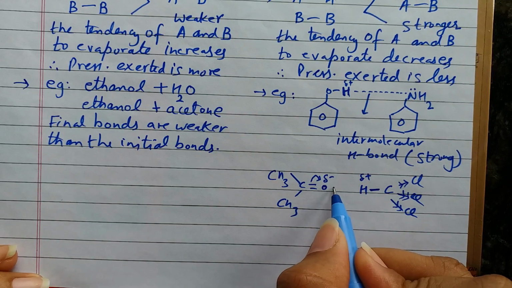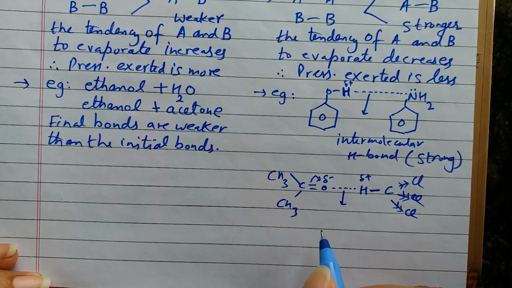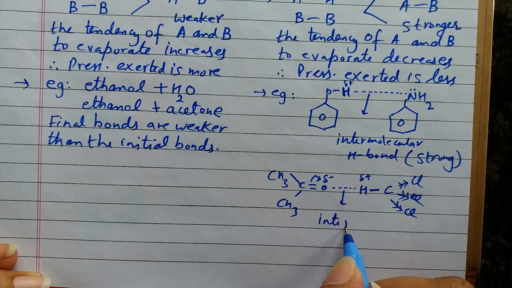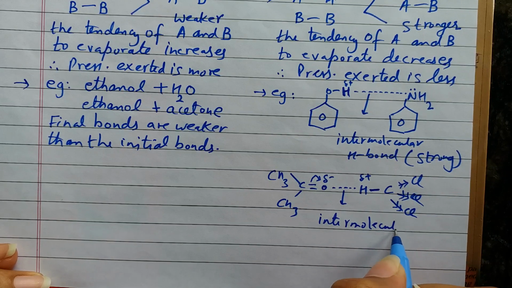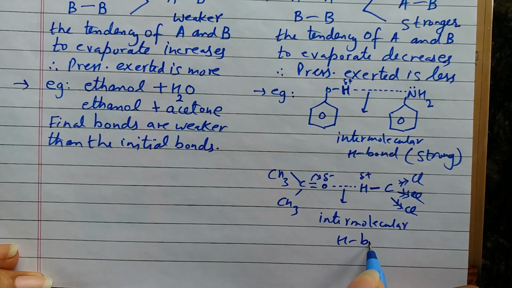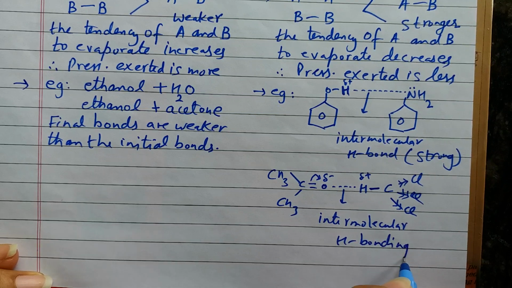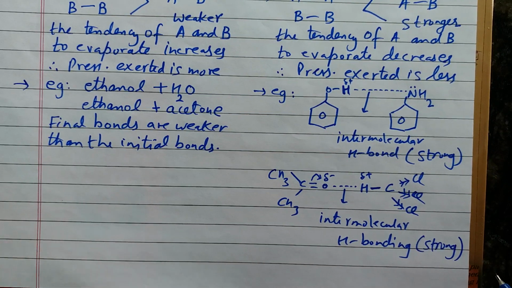This negative and this positive end, once again, enter into intermolecular hydrogen bonding. And again I mention that this hydrogen bonding is very strong. So here also, the final bonds which are formed are much stronger than what it was initially, and again this will show negative deviation from Raoult's law.